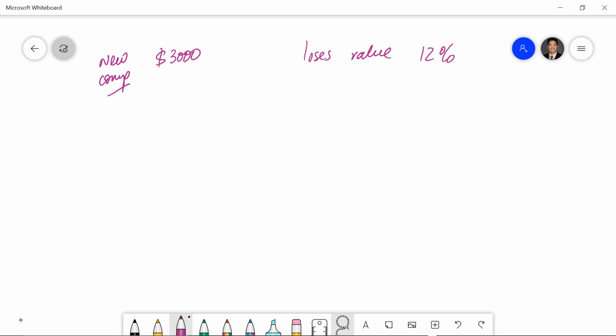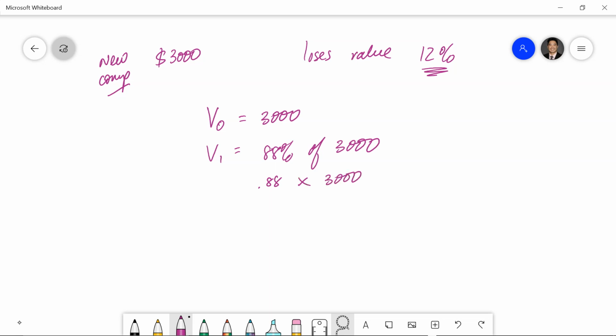The initial amount is 3,000, but after the first year a 12% loss means you're left with 88% of 3,000. So 0.88 in decimal form multiplied by 3,000 gives $2,640 as the value after 1 year.